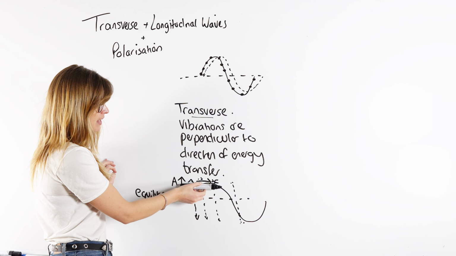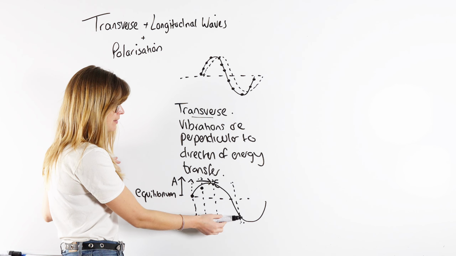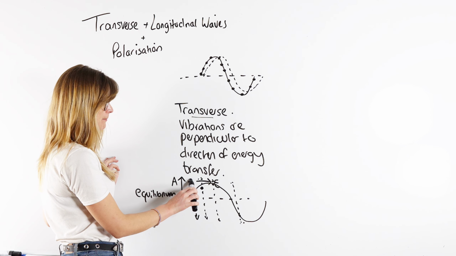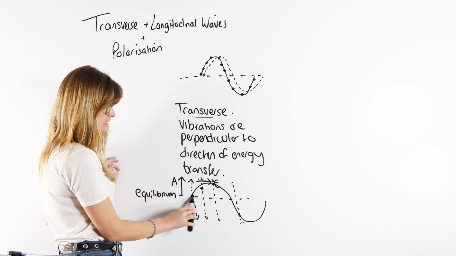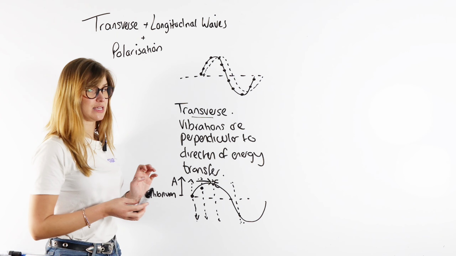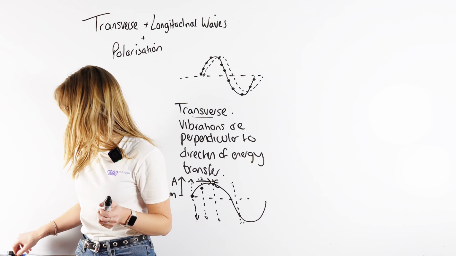They can all get to the same maximum height and the same maximum depth below the axis. So again, the particles get the whole way up to the top of the amplitude, then vibrate the whole way back down to equilibrium, the whole way down to the minimum amplitude, and then back up again to the equilibrium position.